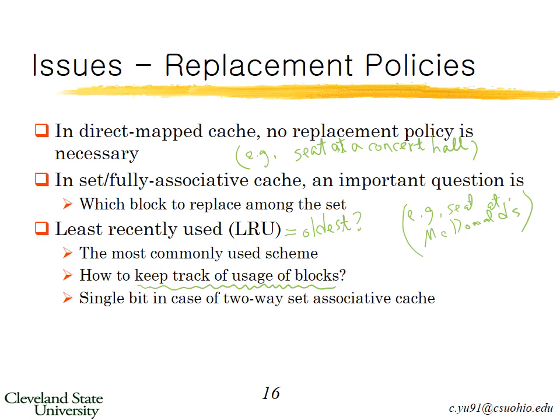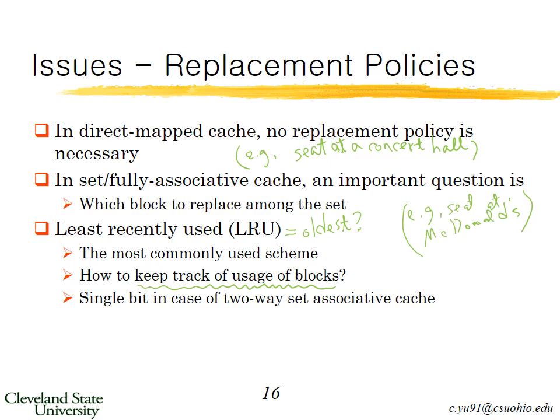On the other hand, a fully associative cache is like a seat at McDonald's. Whenever you go to McDonald's, you can sit at any place in the store.